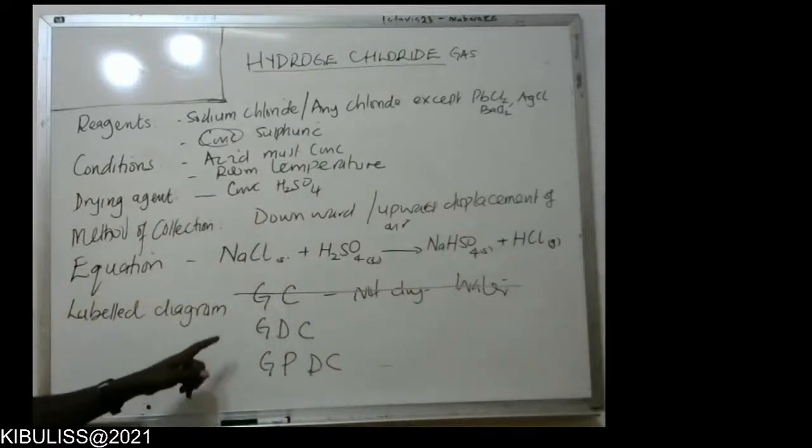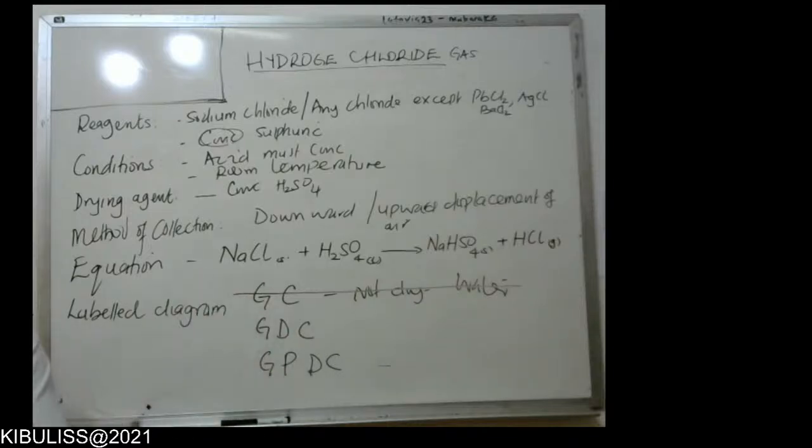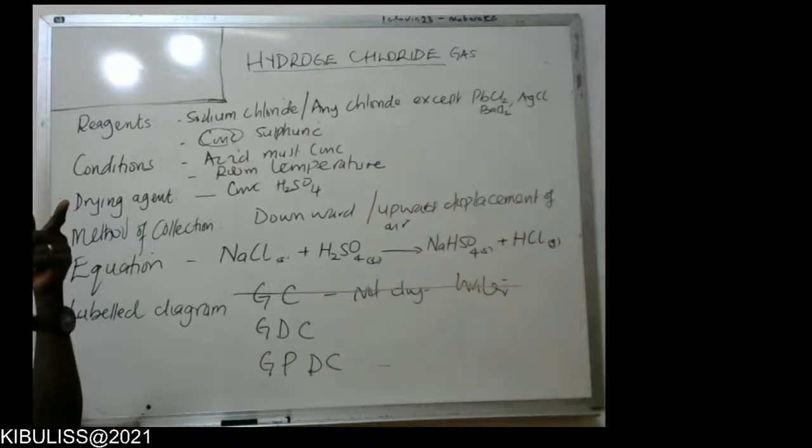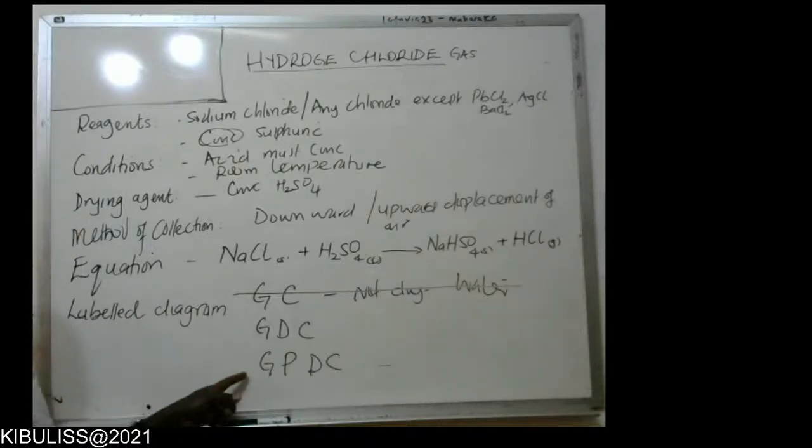I am now left with a GDC and a GPDC. Of the two, one of them is going to be chosen. Which of the two will be taken up? In your own opinion, think about it, and I'll tell you whether you are right or wrong. Wherever you are, think about which of these two methods we shall employ. I'm giving you 20 seconds. Then I'll get the answer from those in the studio, and we shall compare.